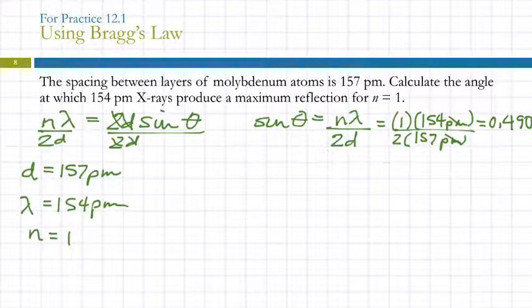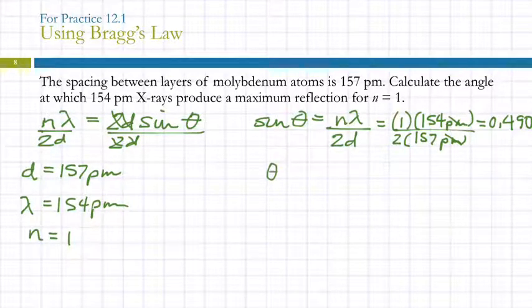Sine is a function, and your calculator will do this for you. If we want to undo sine so that we can get theta, we use inverse sine. And it's generally a button either close to the button that says sine or actually the same button. So I'm going to take that value and do sine to the minus 1, which is inverse sine, and put that answer in there. And it's going to tell me 29.